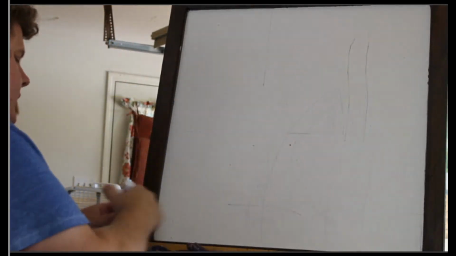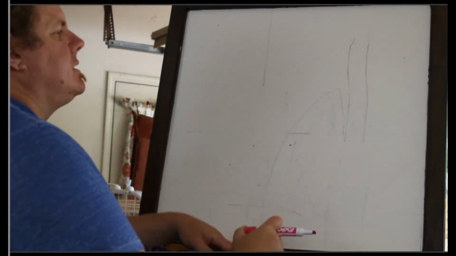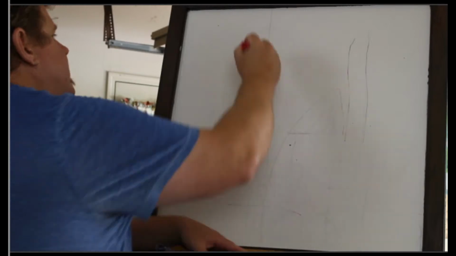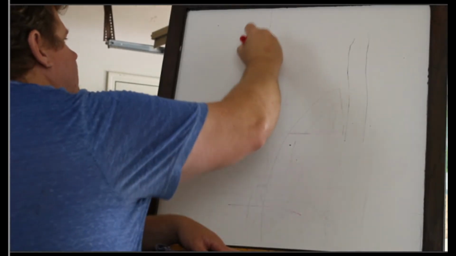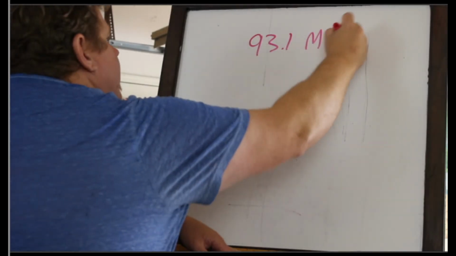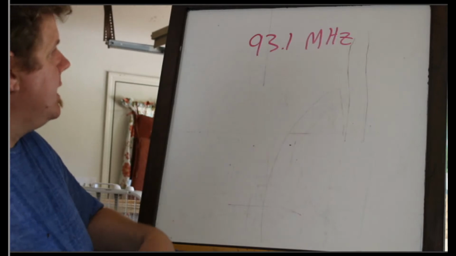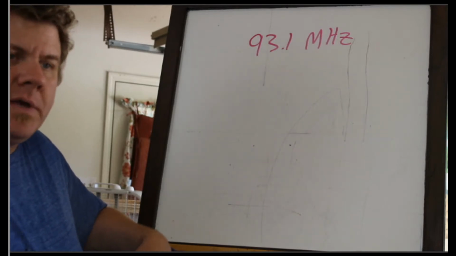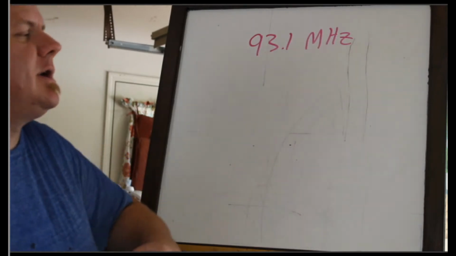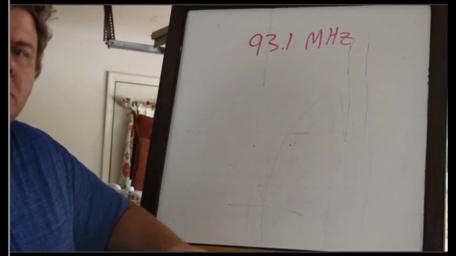One of my favorite radio stations is WIBC, and they broadcast on 93.1 megahertz frequency. So when you tune into the radio, FM 93.1, 94.7, or 93.9, which is a great one, you are tuning into a megahertz frequency.